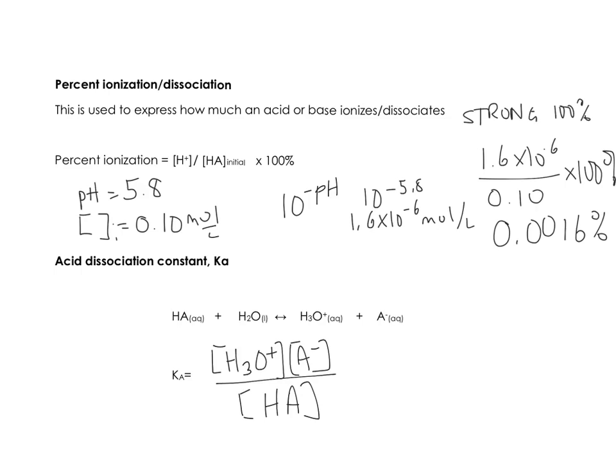So this is your Ka expression. If you were going to do informal, it would be H plus A minus over HA concentrations. Okay, so your Ka value is also an indication of how strong something is.